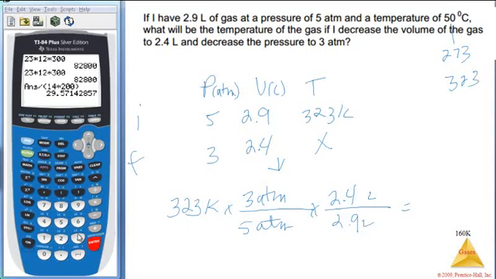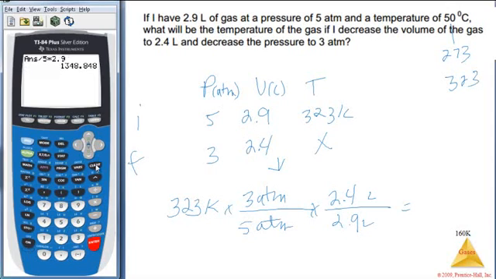So I'm going to take the 323 times 3 times 2.4 equals, divide by parentheses 5 times 2.9, close my parentheses, and I get... Alright, so that didn't work out.